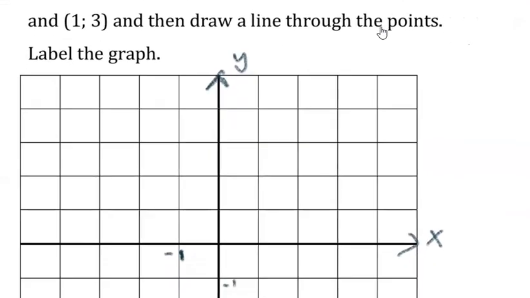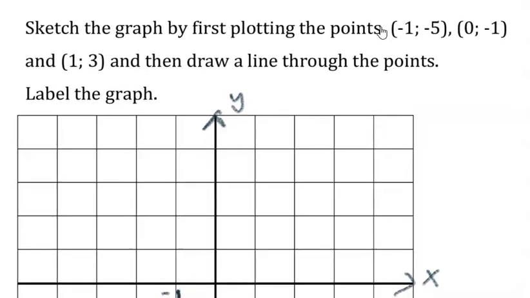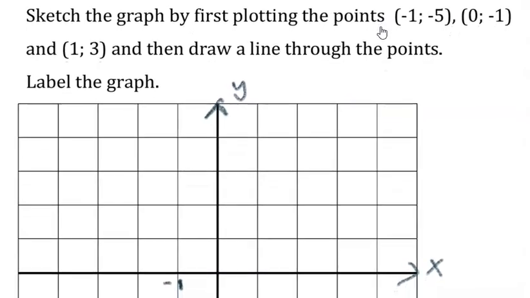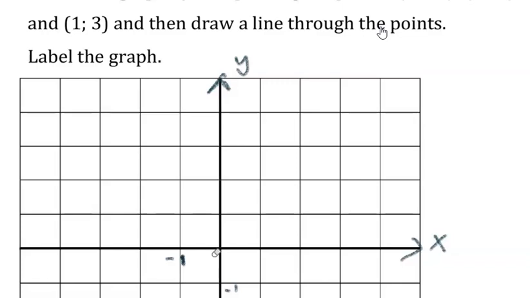If I want to plot the point 0, -1, then x is 0 and y is -1, so it will be a dot there. And if I plot the next point, which is 1, 3, 1, 2, 3, then it will be there.